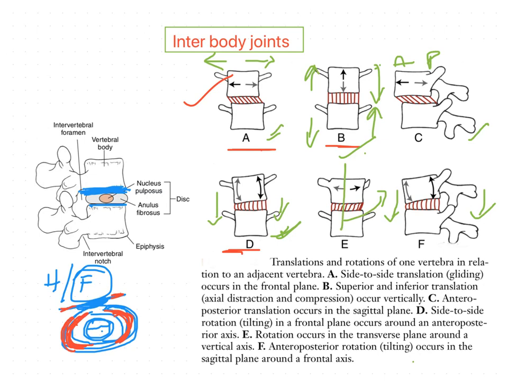And AP rotation, antero-posterior rotation, if you see in F, occurs in the sagittal plane around a frontal axis. So these are all the available motions in different planes and axes in the interbody joints.